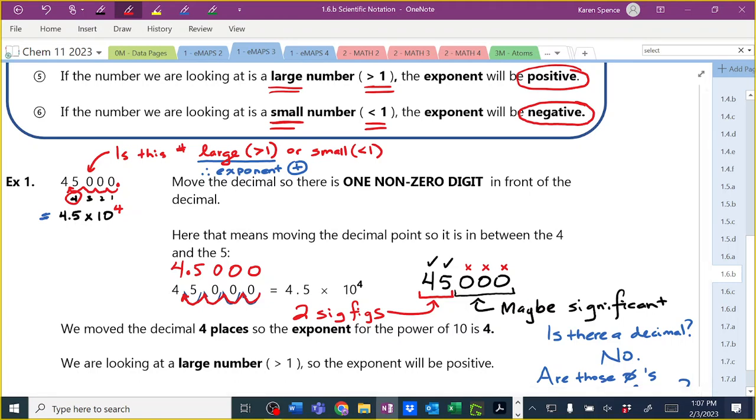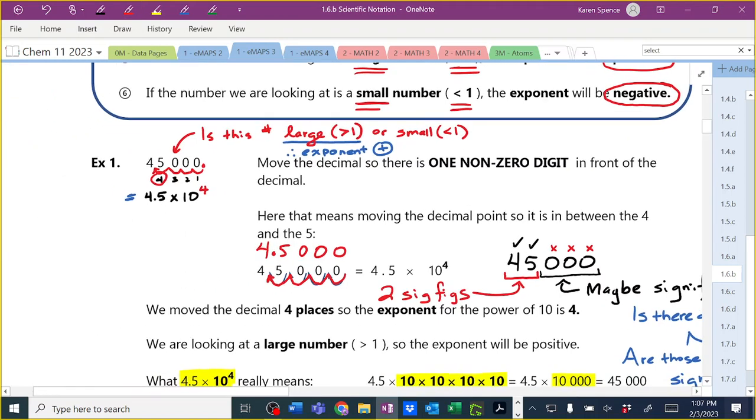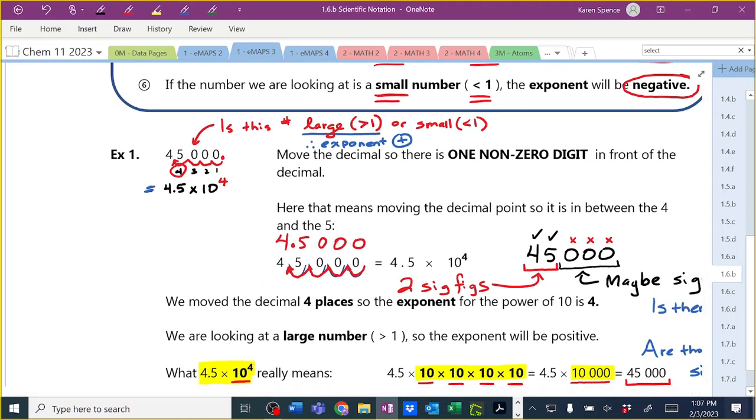How many significant figures are in 4.5000? Well, if we have 4.5000, now we look at those zeros on the right.